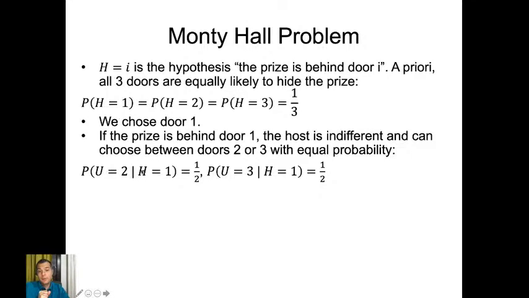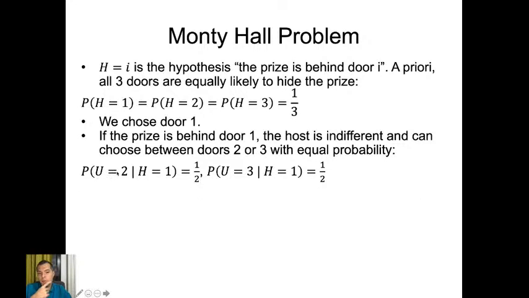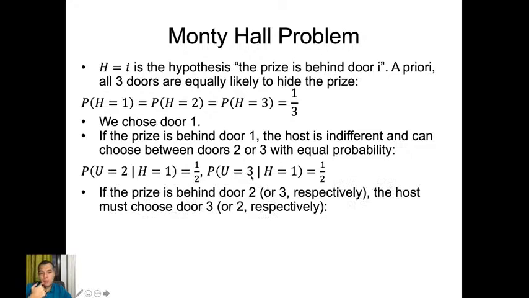If we know that the prize is actually behind door number 1, then the probability that the host will open door number 2 is 1 divided by 2, so they are equally likely. The host can open either door number 2 or door number 3.